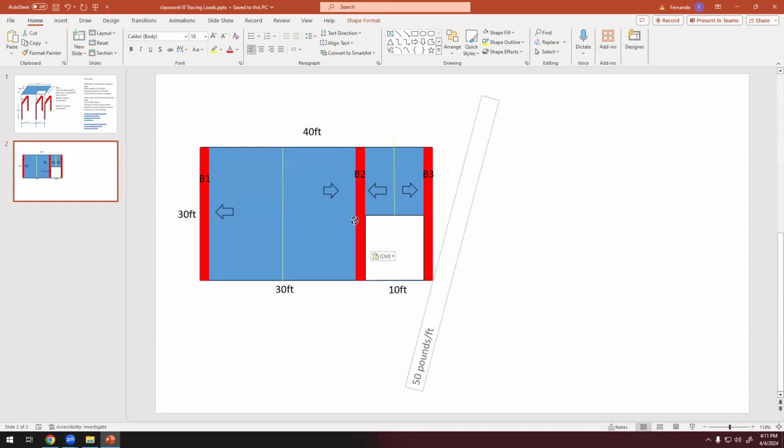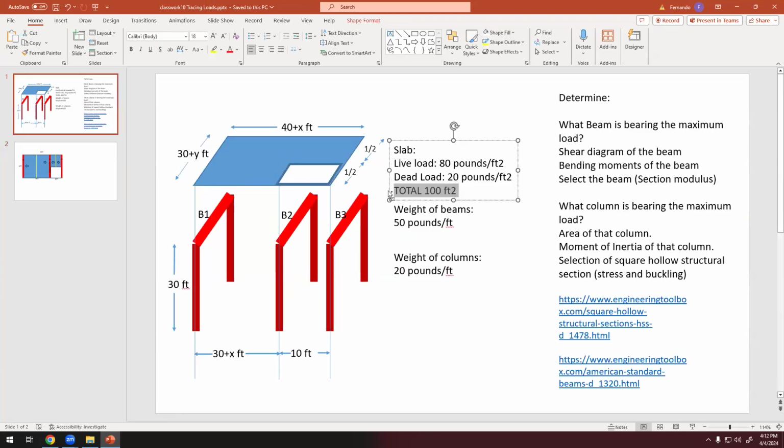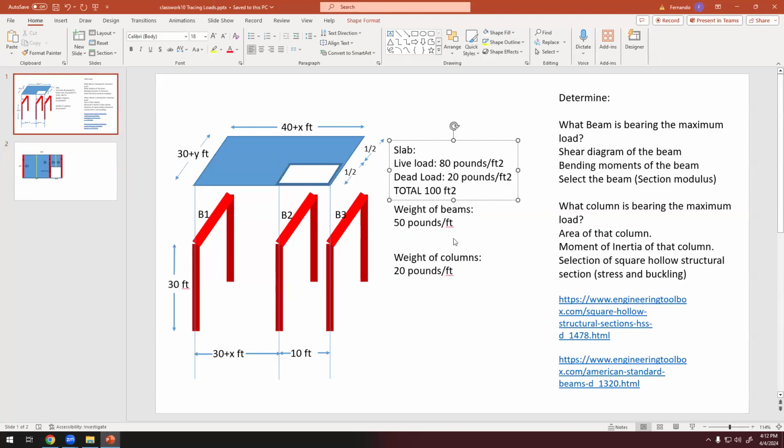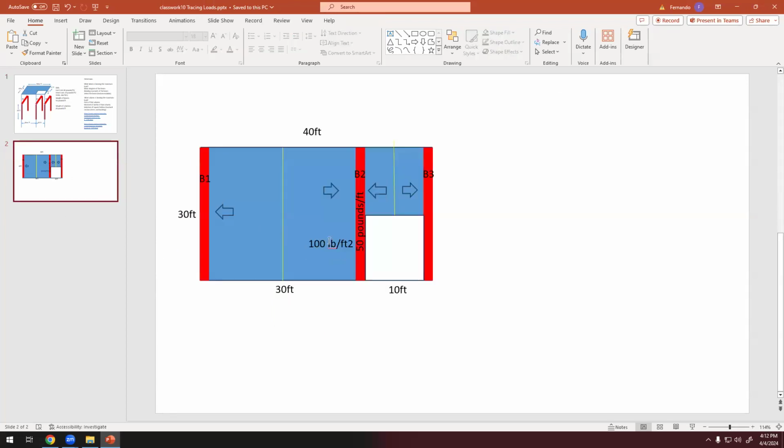The beam is 50 pounds per foot, and the slab is 100 pounds per square foot. By the way, this is pound per square foot. Okay, so we have 100 pounds per square foot here, and 100 pounds per square foot there.